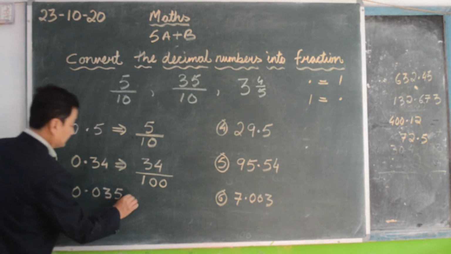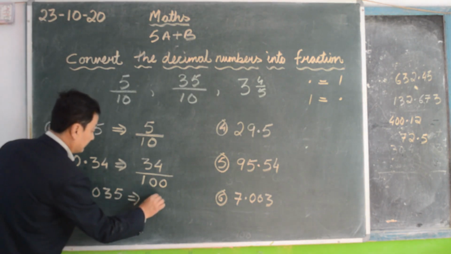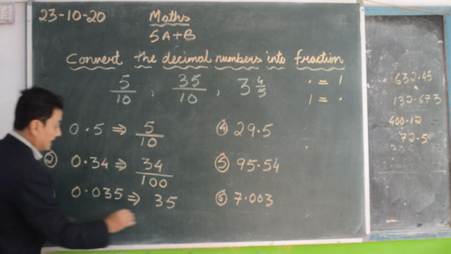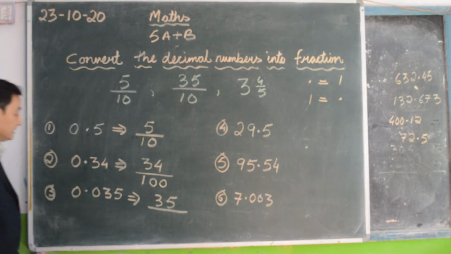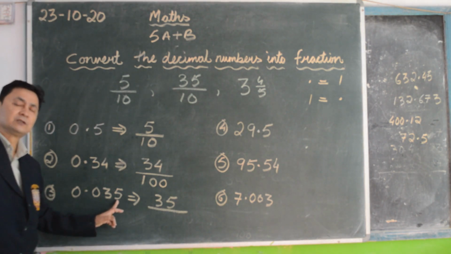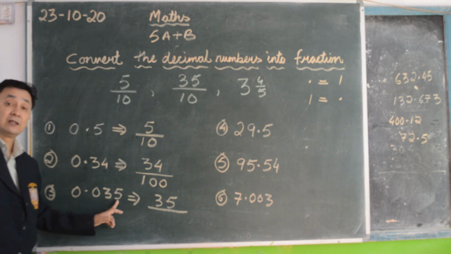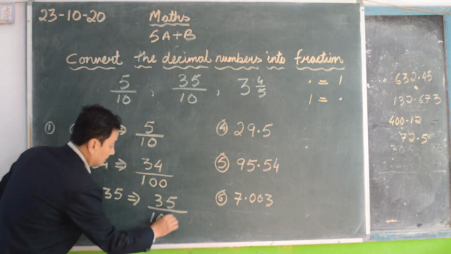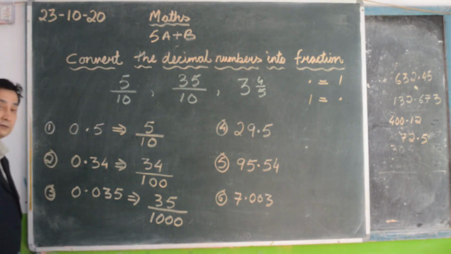0.035. So 35 only. 0 doesn't have a value, so we don't put the 0. Now, if we look at this 5, just look at the last number. Which place value is 5? Thousandths. So we can write 35 thousandths.